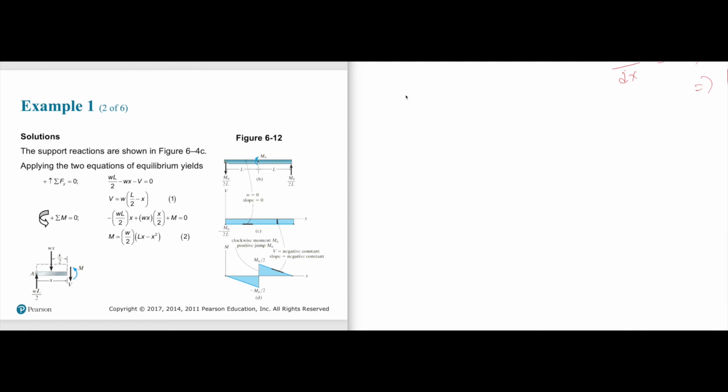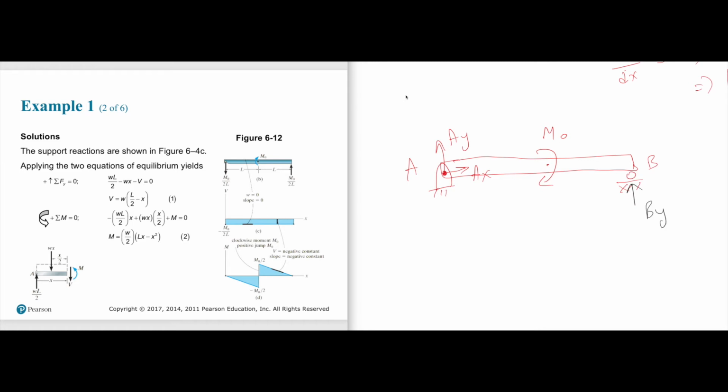the picture is given like this. You have a roller, you have a pin, and you have a moment acting, M naught. So for this problem, obviously, if this is A, if this is B, you write it as AX, you write it as AY, and this is going to be BY.